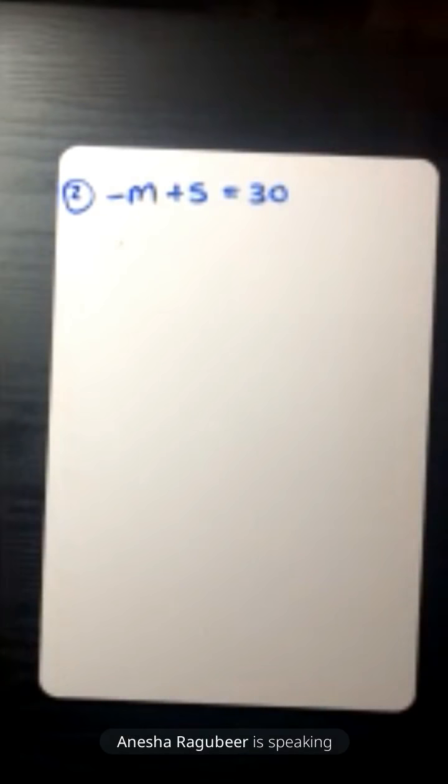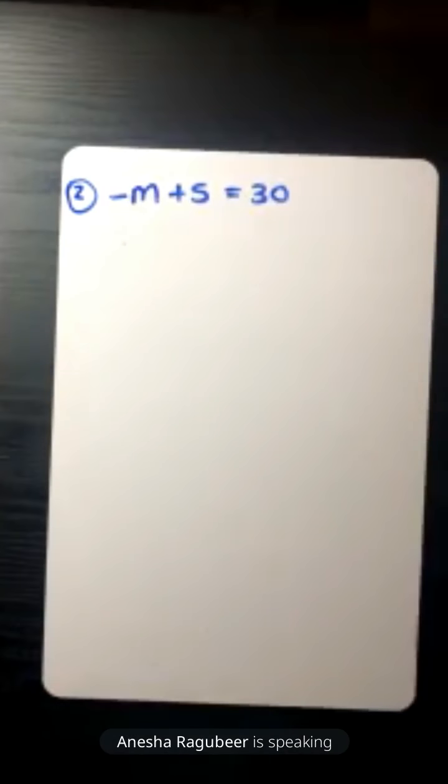100%. So let's start afresh. So, sir, this is an equation because of the equal sign, to solve for the unknown, which is m. And according to this equation, whatever number plus 5 must give you 30.